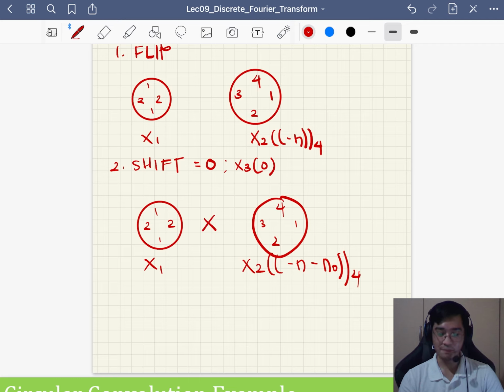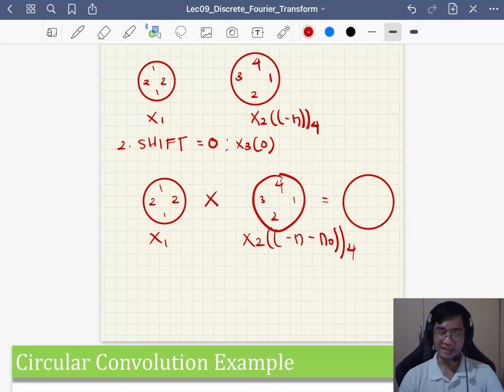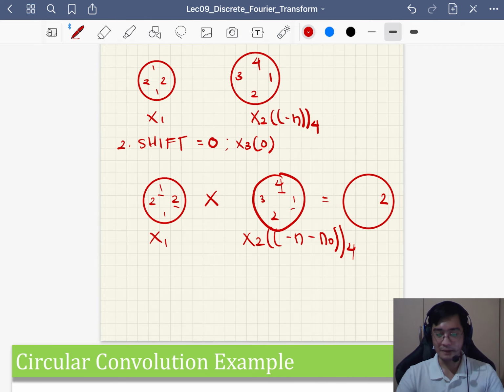That's the third step. We multiply this x1 and x2. The multiplication is just element by element. So 2 times 1 is 2, and we follow the same indexing. So 4 times 1 is 4, 2 times 3 is 6, 2 times 1 is 2.